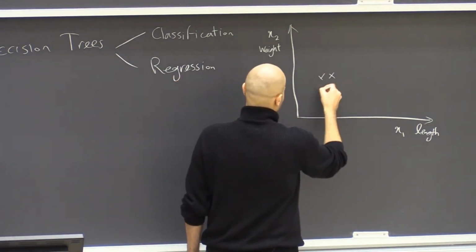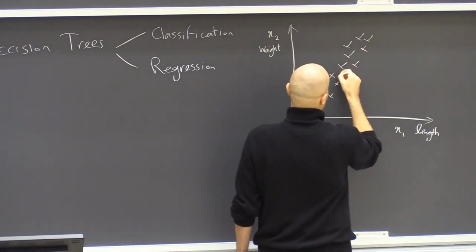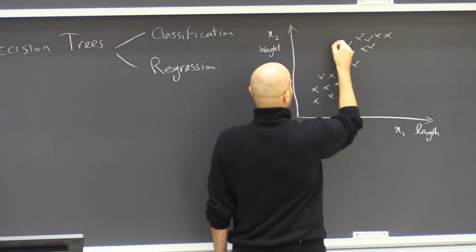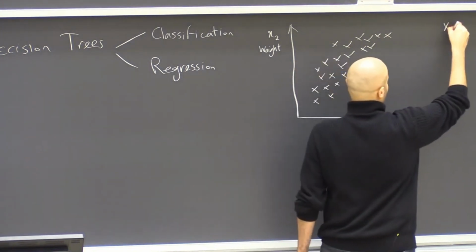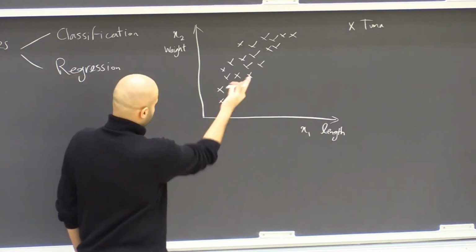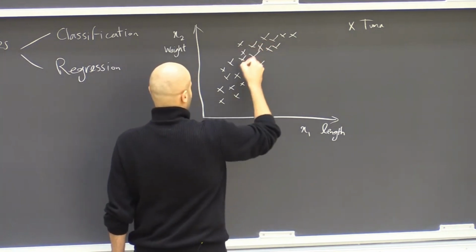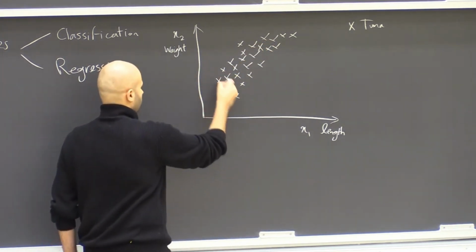And based on our historical data, let's say we have these examples representing tuna. So this means an observation of type tuna. And as you can see, there's positive correlation between weight and length, as it is expected, right? So a fish that is longer tends to be heavier as well.